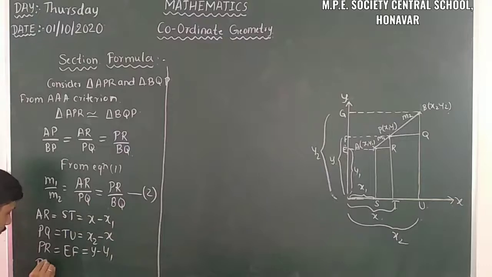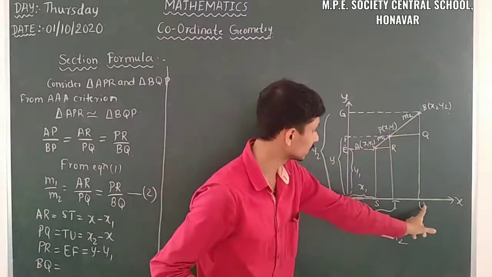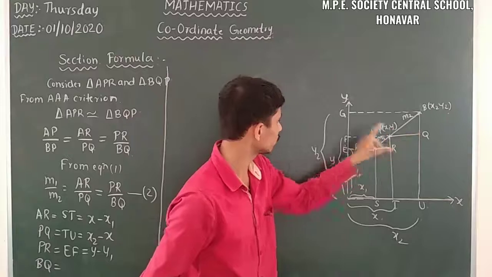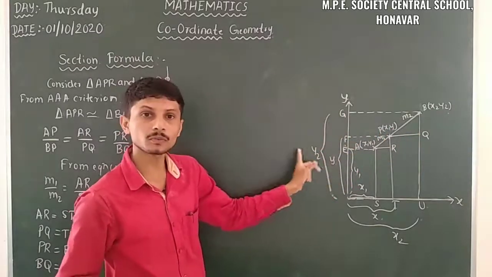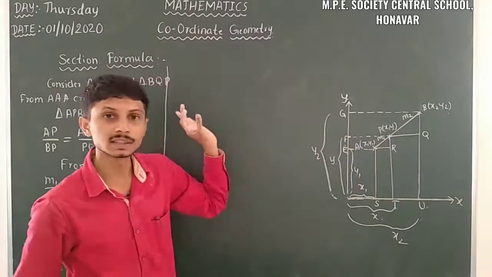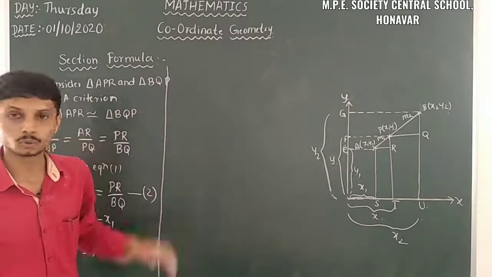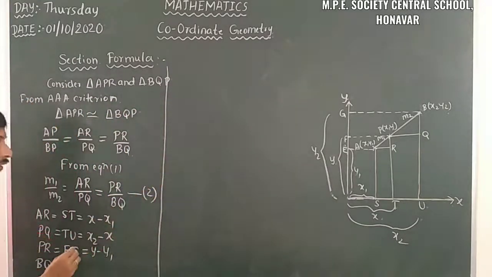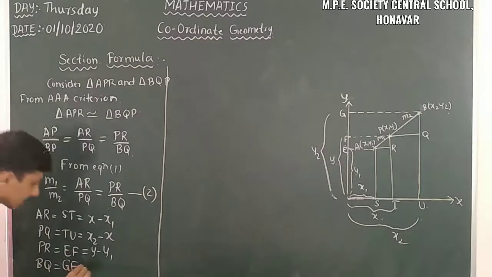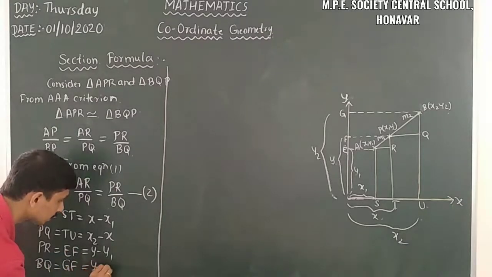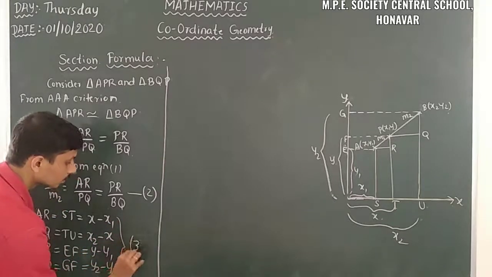This distance BQ is equal to, when we subtract y from y2, we get the distance GF, which is equivalent to BQ. So BQ is equal to GF is equal to y2 minus y. I will take this as equation number 3 here.